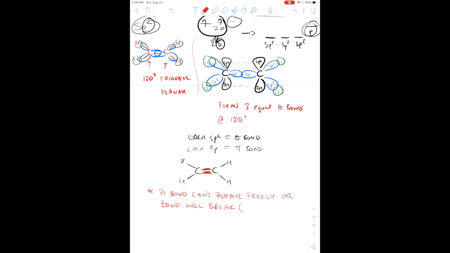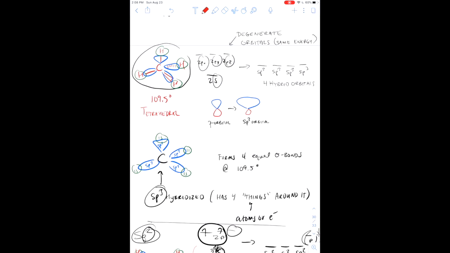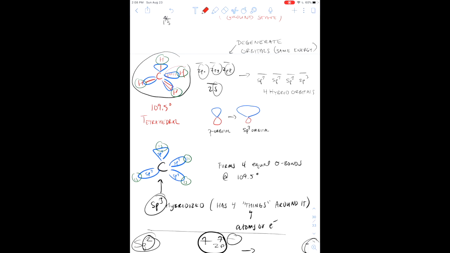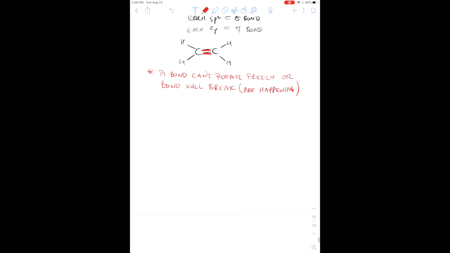So it's important to remember, pi bonds cannot rotate freely or the bond will break. Okay? Sigma bonds, however, like in methane, are free to rotate all day long, because they're overlapping kind of head-on in terms of the lobes of the orbitals.